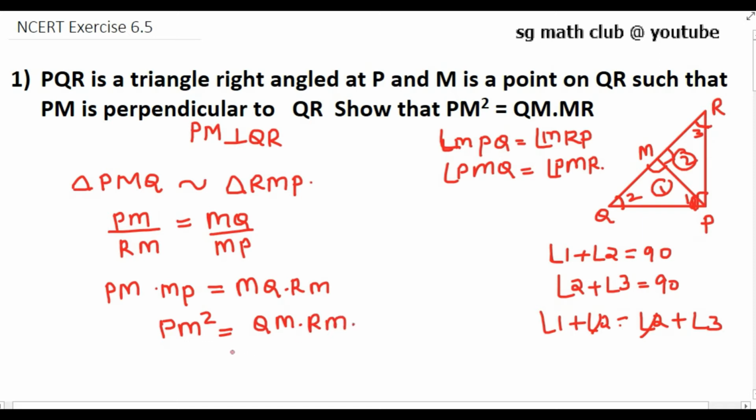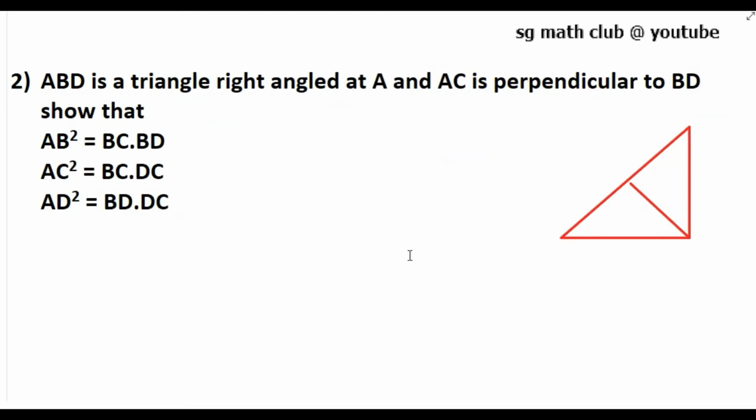This is what we need to prove. So mainly we have used a property: if the perpendicular is drawn from the vertex of the right angle to the hypotenuse, then the triangles on both sides of the perpendicular are similar to each other.